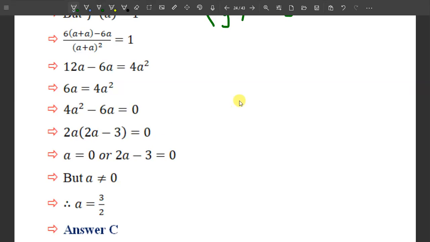Now, for any equation in the form x times y is equal to 0, either x is equal to 0 or y is equal to 0 or both. And therefore, either 2a is equal to 0 or 2a minus 3 is equal to 0.